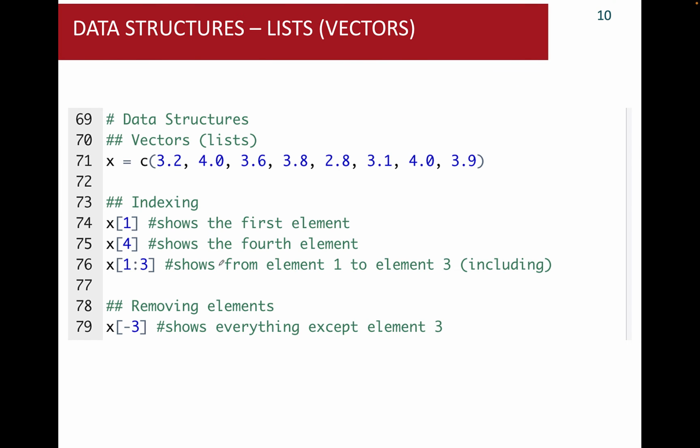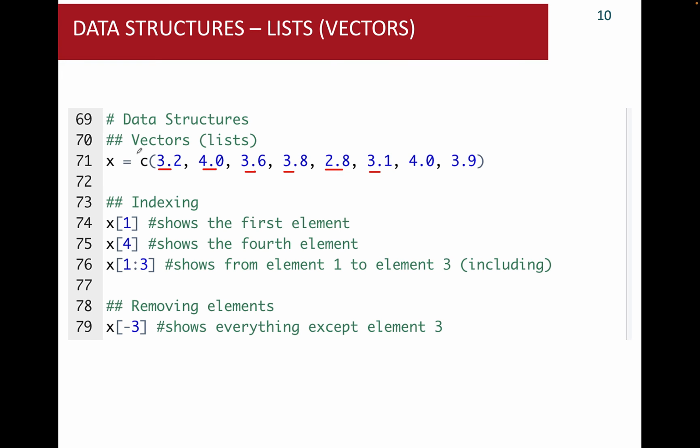Right? Next thing is the data structures. We created already a vector. A vector is basically a concatenation of different values. So that's the way that you can basically create data, by concatenating different values.